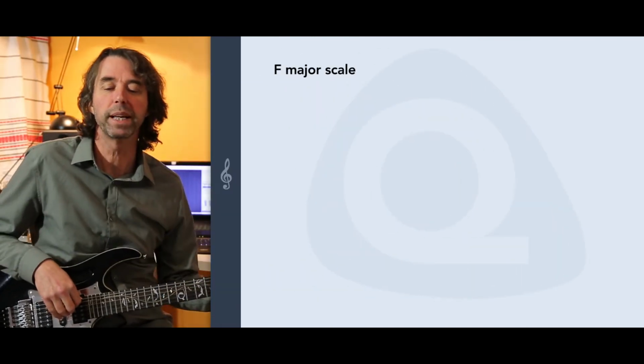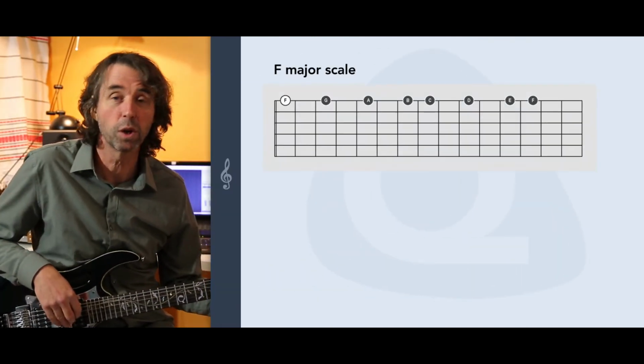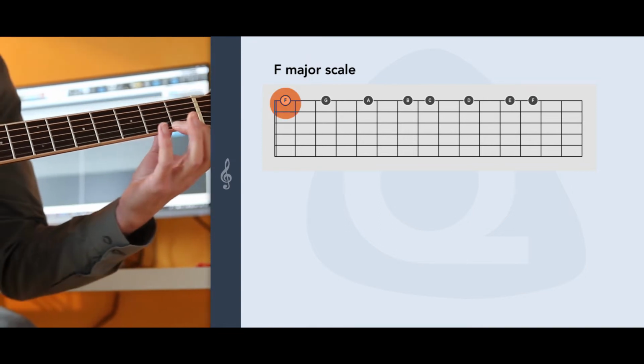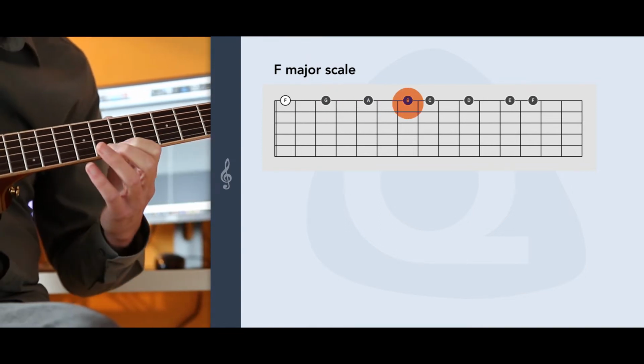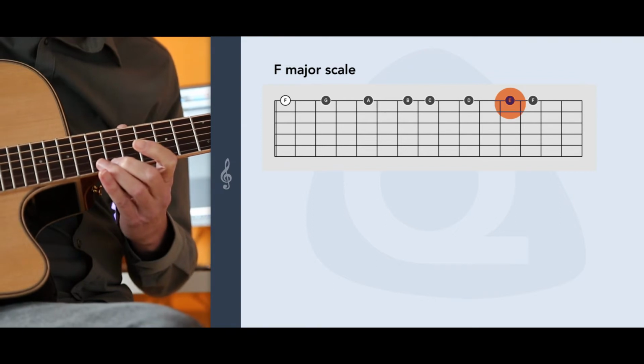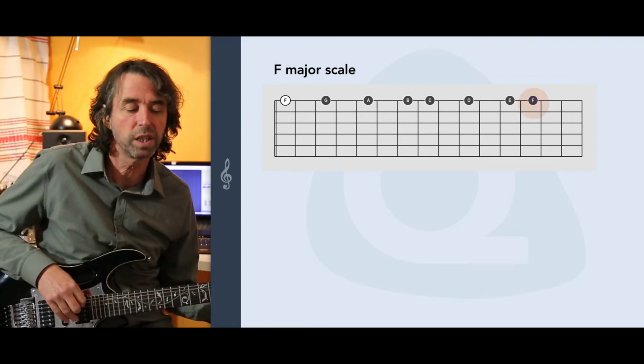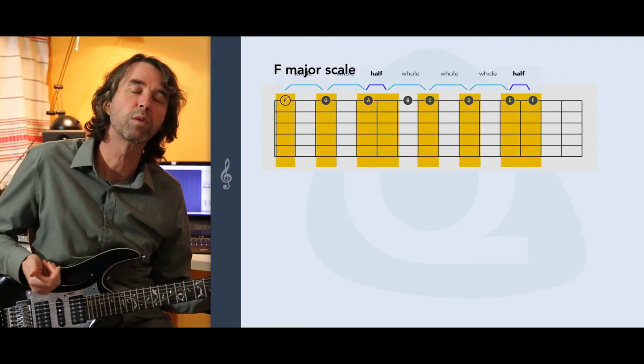Our last example is the F major scale, which needs a flattened note instead of a raised note. Let's look at this scale when we play it on one string with no corrections whatsoever. We can see that something is wrong and we need to correct one note.